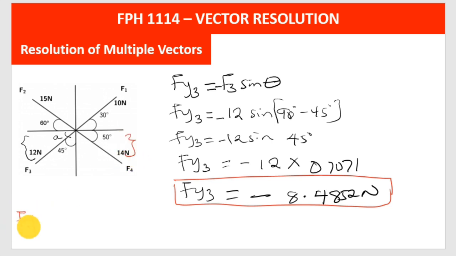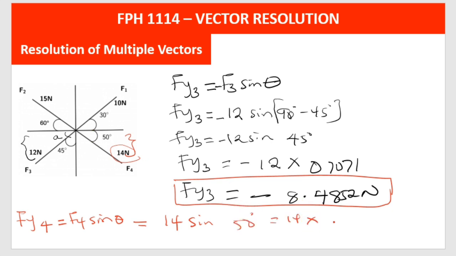Fy4 is equal to F4 sine theta, and the value of F4 is 14 Newton multiplied by sine 50, since it is to the horizontal.